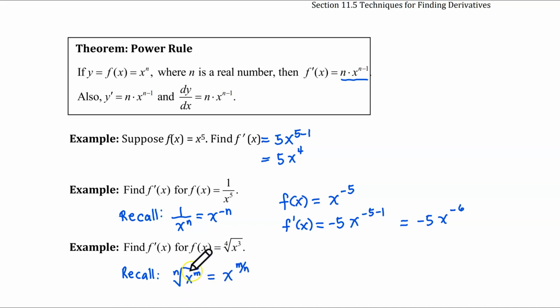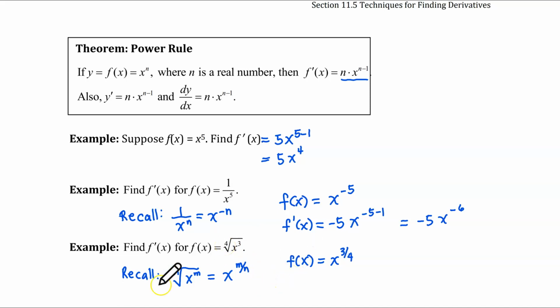So the power inside the radical is in the numerator, and the index of the radical expression here will be your denominator. So that means that f of x in this example here can be rewritten as x to the 3 over 4.